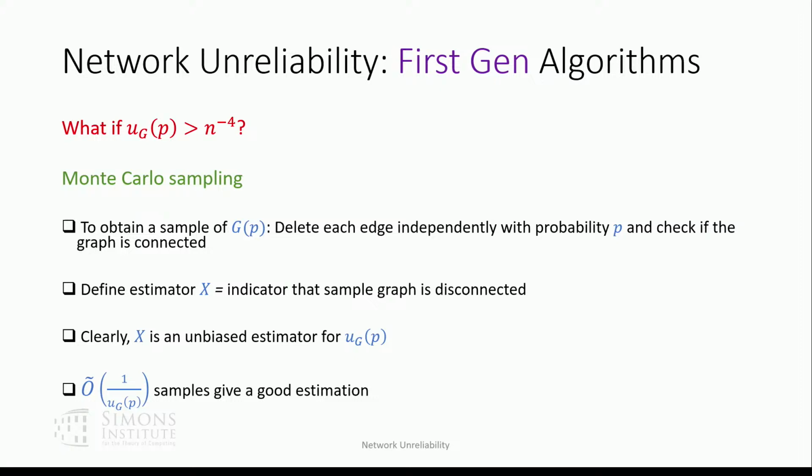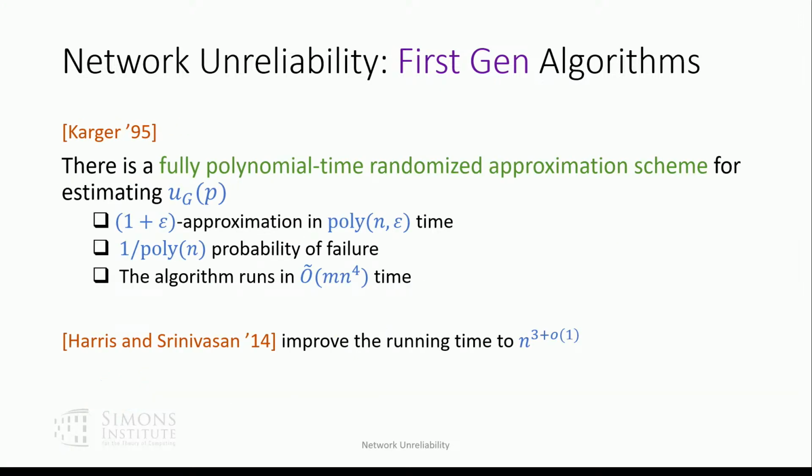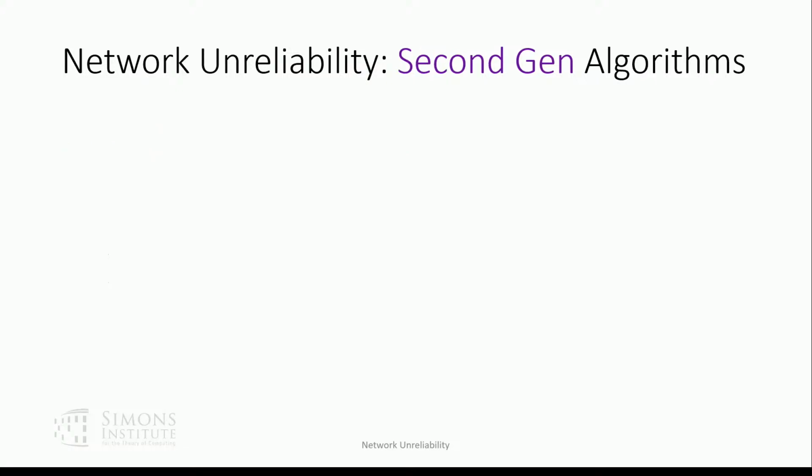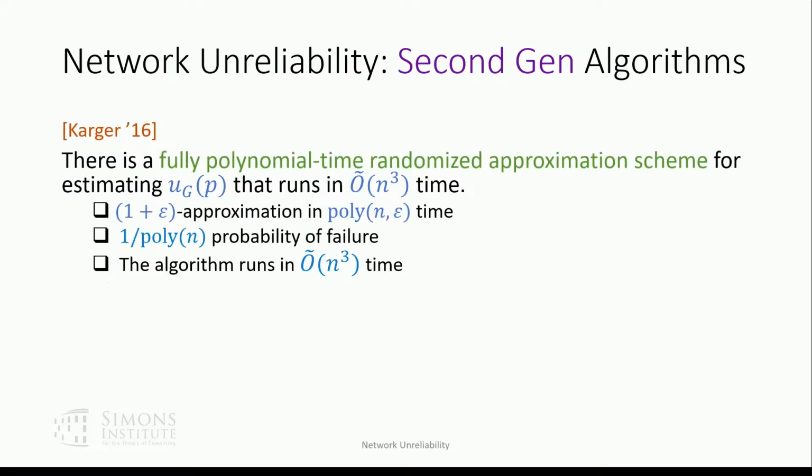Any other questions? Okay. So that's the first generation of algorithms, and that brings us to the second generation. The first example of that was this algorithm by Karger in 2016. It gets exactly the same guarantees as the previous algorithms, except that it's faster.